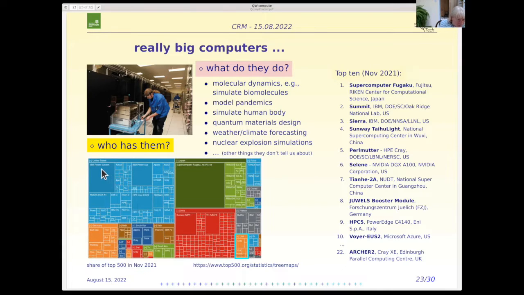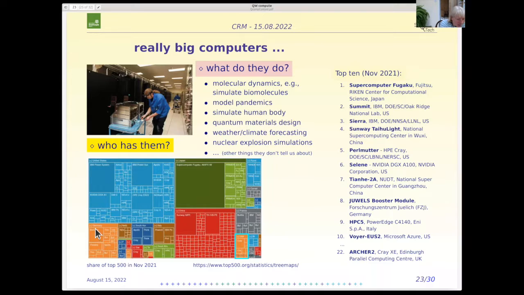So if I squint enough, this is the United States, which has more than anybody else. This is Japan, which has the fastest, the biggest supercomputer. This is China, which also appears in the top 10 list here, with 2 of them, these 2.